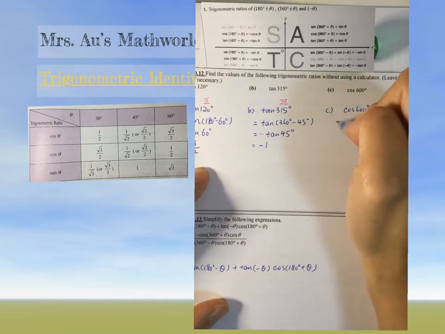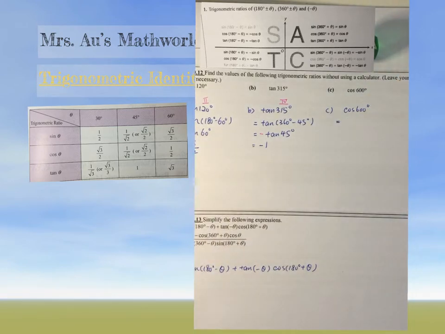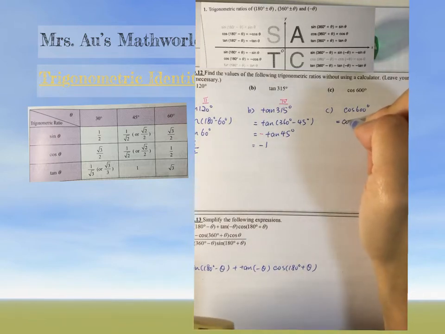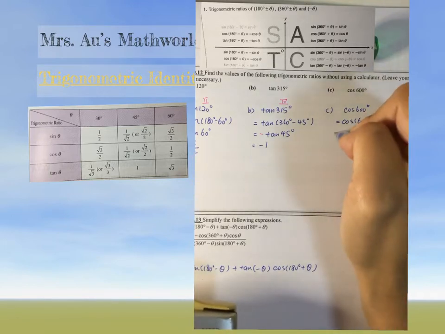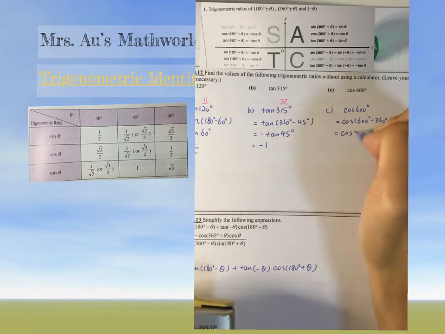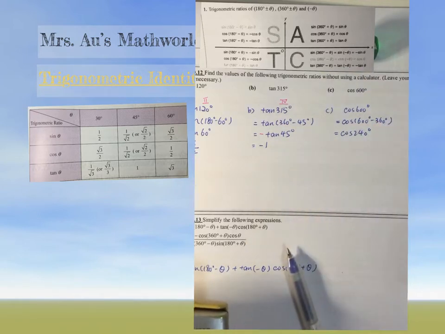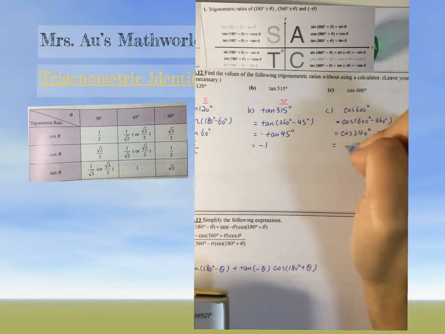Right, but cosine 600 degrees is a little bit troublesome because it's out of 360. So we need to calculate for the value of cosine 240. Because it goes one round less, it will be the same value. Is it in quadrant 3?